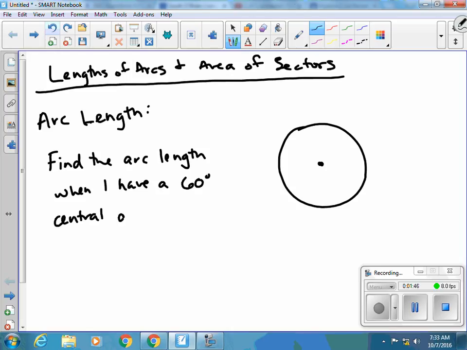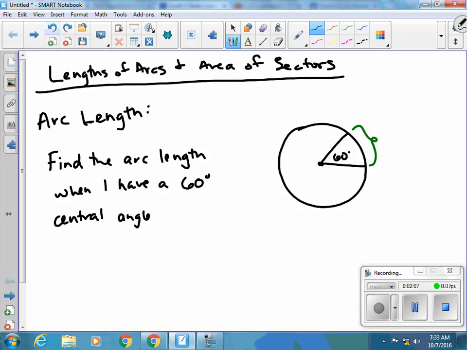So this is going back to geometry a little bit, that you have to know that a central angle starts at the center. And so we've got this 60 degrees here, and I want to find my arc length from here to here and figure out how long that actually is.